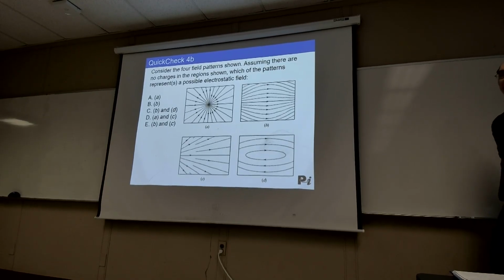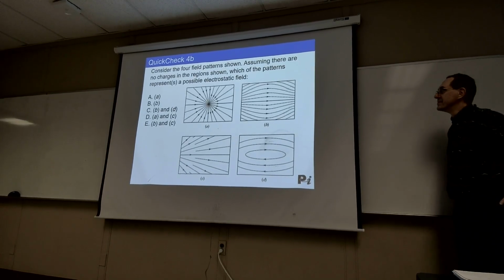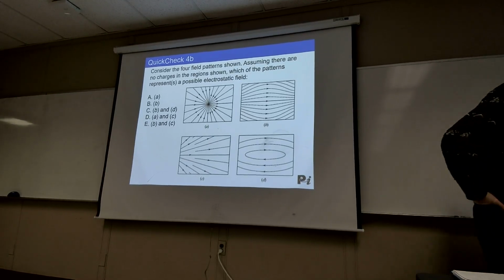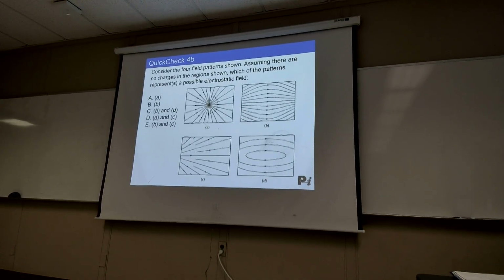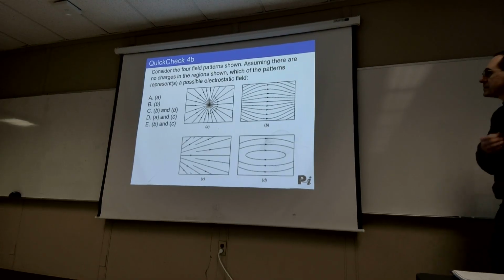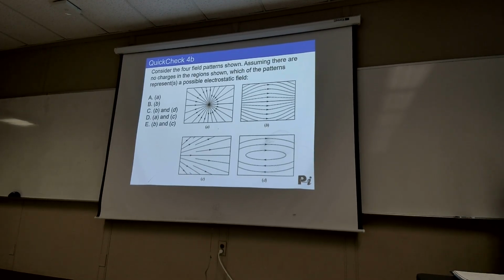That's why I picked B, because B is one solid line, so it could be possible that there's something creating that type of wave, as well as D. D is similar to what we saw in the beginning with the positive and negative sign. That's why I picked D and B.